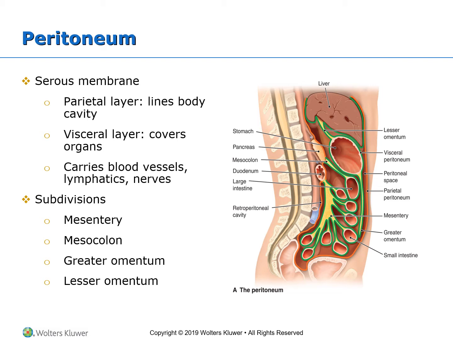Start at the top of the liver on the right side, and you can see that there is an orange line. Just follow with me that orange line, and you see how it lines the entire anterior part of the abdomen, and it's called the parietal peritoneum. And it goes on the pelvic organs.